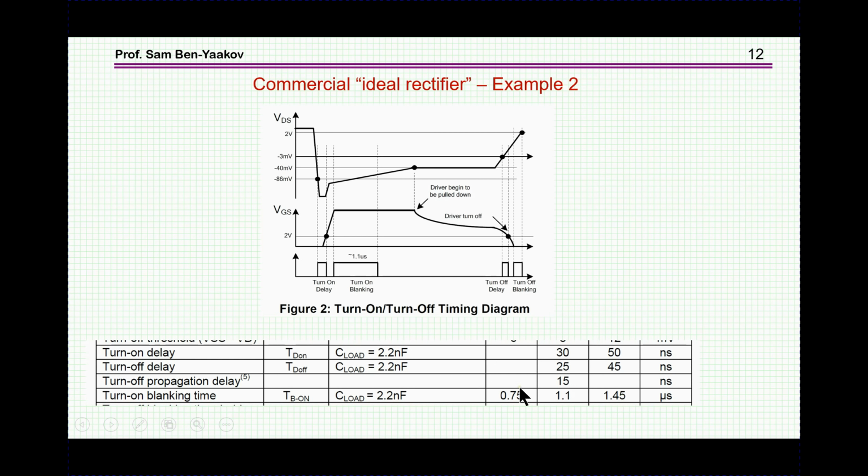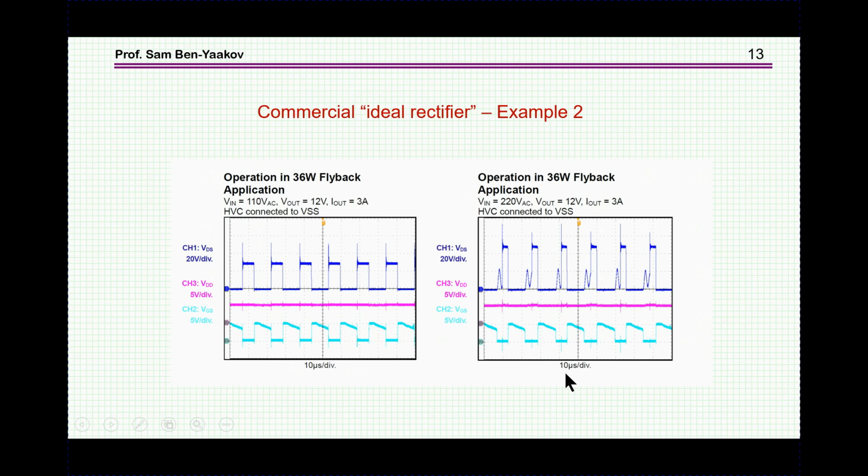There are diodes which are faster than that, but it's impressive. I mean, it's fast. So it is compatible with switch mode converters. The blanking is about 1 microsecond, which is again very nice. We'll talk about it in a second.